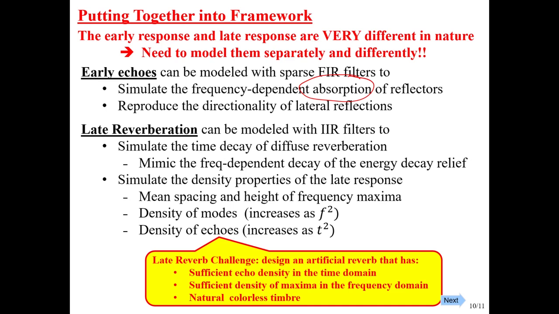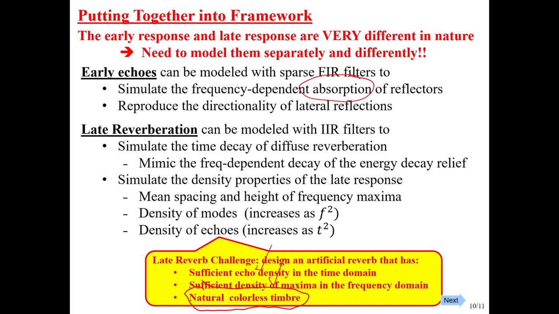But the late reverb, it's not at all initially clear how one should go about that to make sure you get enough echo density and you get enough mode density, while at the same time we don't want a reverb that's going to make it sound like we're suppressing certain regions of frequencies. Good acoustical spaces don't do that.